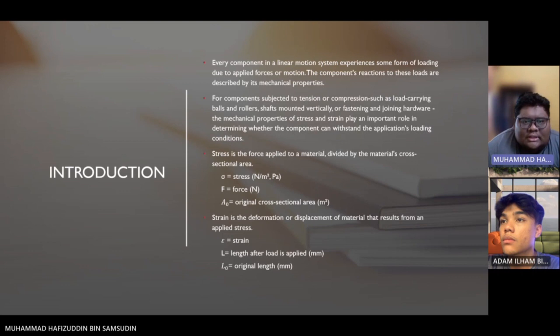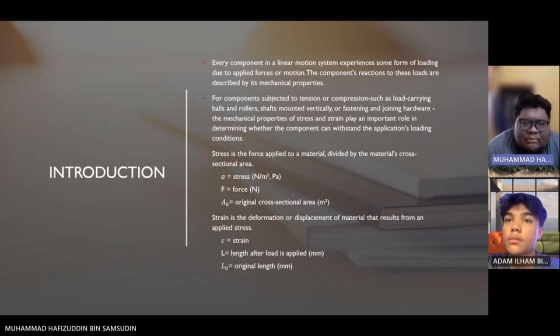For components subjected to tension or compression, such as load carrying ball and roller, shaft mounted vertically, or fastening and joining hardware, the mechanical properties of stress and strain play an important role in determining whether the component can withstand the applied loading condition.